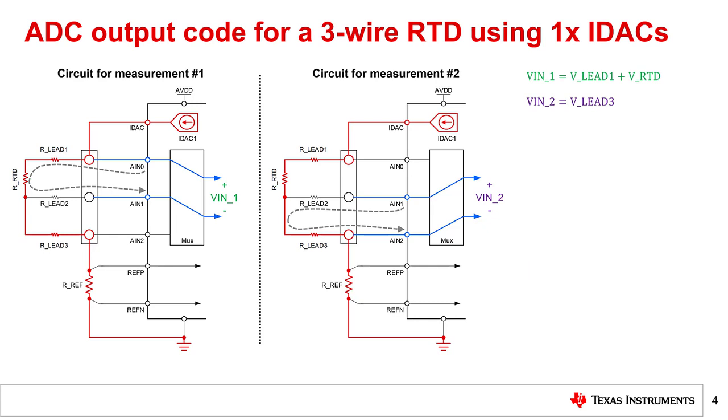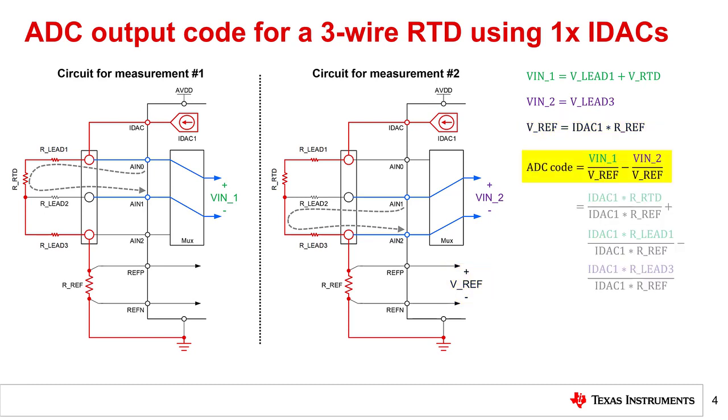As a reminder, the equations for VN1 and VN2 are shown in the top right, while both measurement circuits are shown on the left. The equation for the reference voltage, Vref, is shown as the product of IDAC 1 and Rref. Note that this equation is the same for both measurement circuits, but it is only highlighted on the circuit for measurement 2.